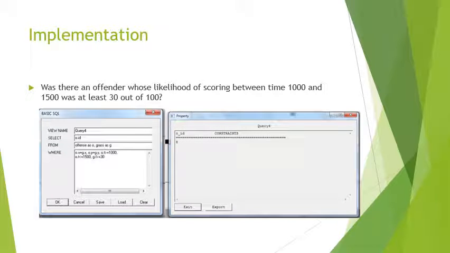This query shows whether there was an attacker, or lists the attackers, whose likelihood of scoring between time 1000 and 1500 was at least 30 out of 100. Now, why is this query important? Whenever an offense wants to be able to score as many goals as possible, it would want to give the ball to the proper person, which is the guy with the highest likelihood of scoring.